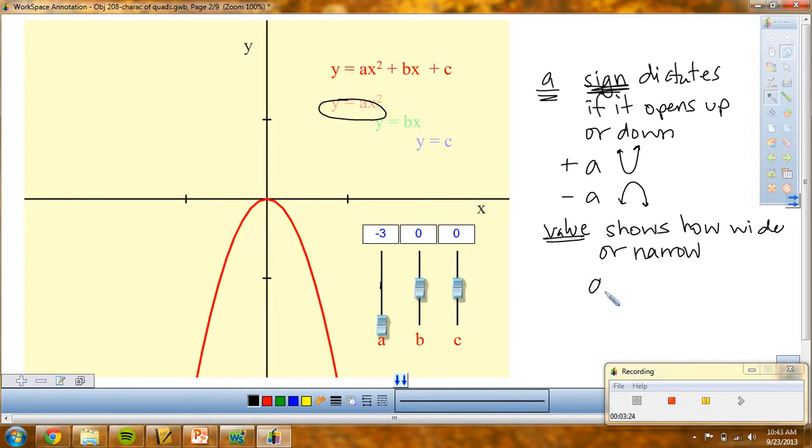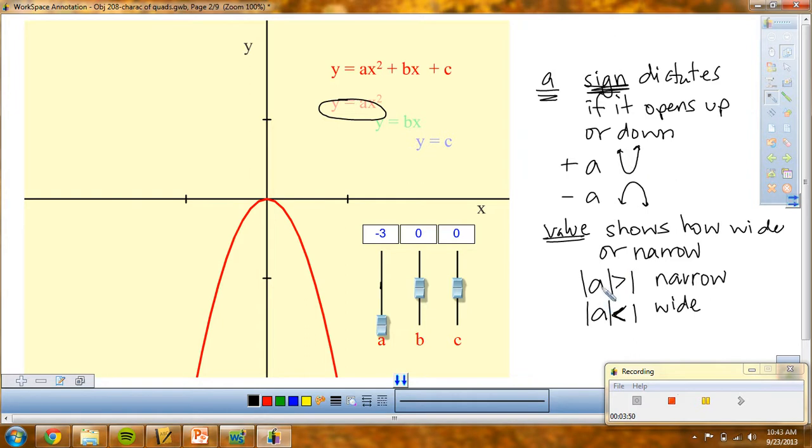So an A that is greater than 1 is really narrow, and an A that is less than 1 is wide. And less than 1 meaning, I guess we could say, absolute value, because the negative, we already know that we're talking about whether it opens up or down.